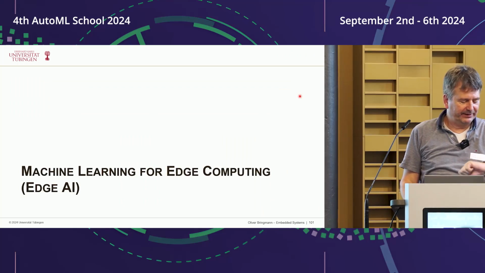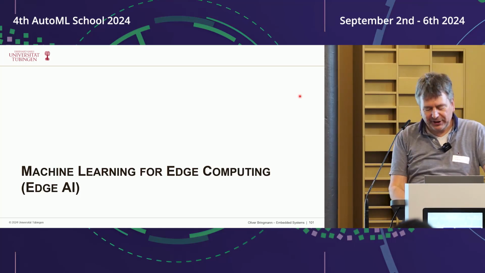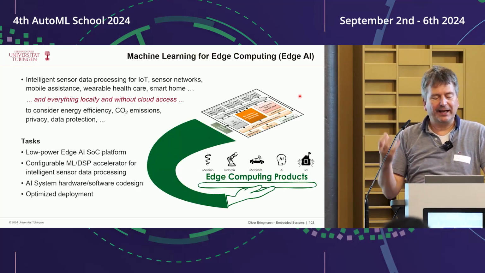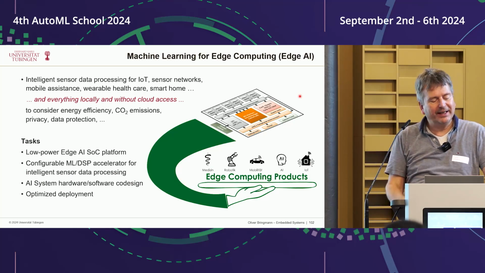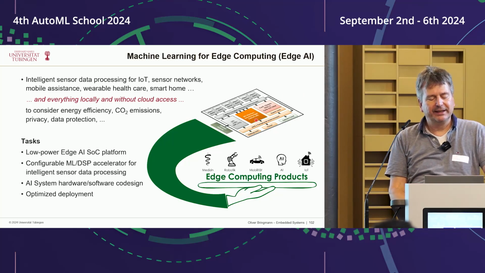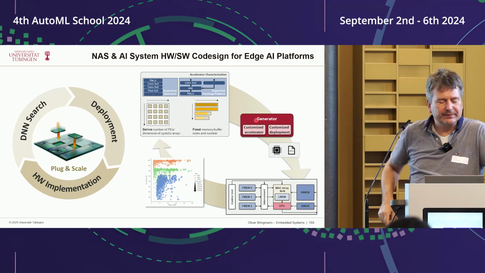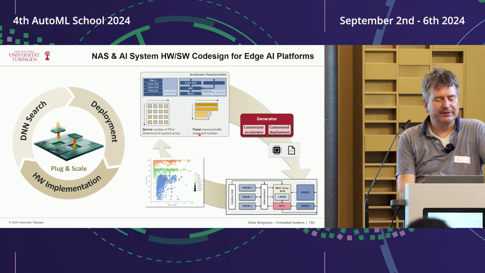Last but not least, what we can do for edge devices. Here we would like to have well-tailored devices. That means I would like to also find an appropriate platform for doing that. That's what Paul is doing, to have some kind of architecture templates.